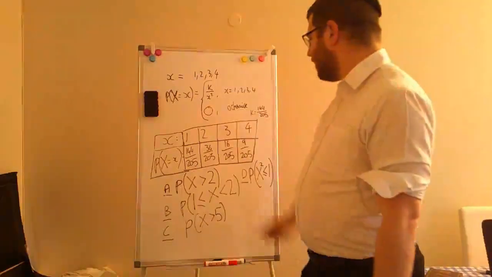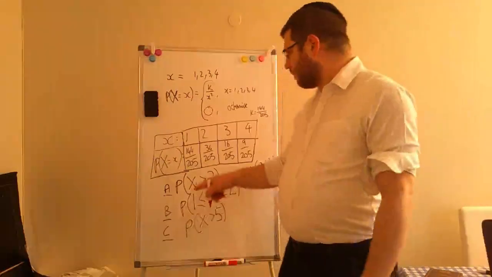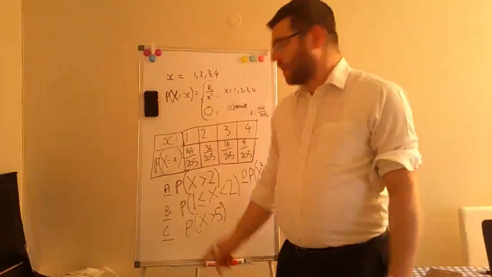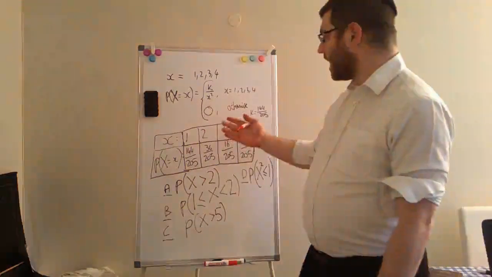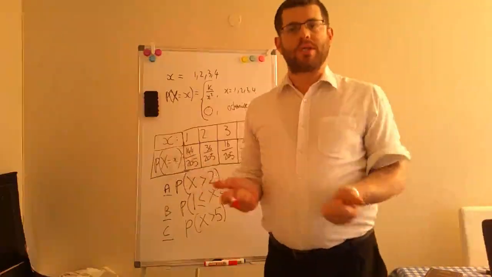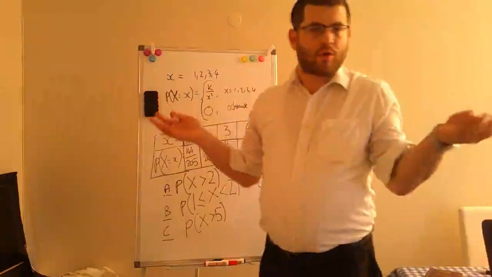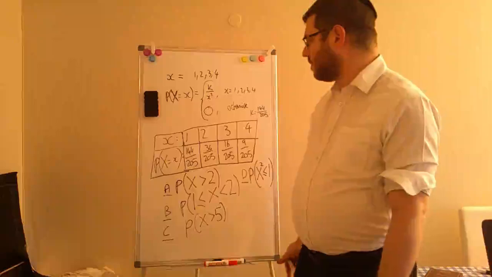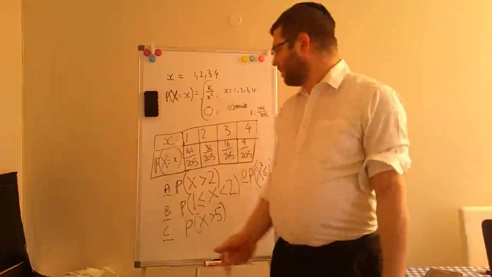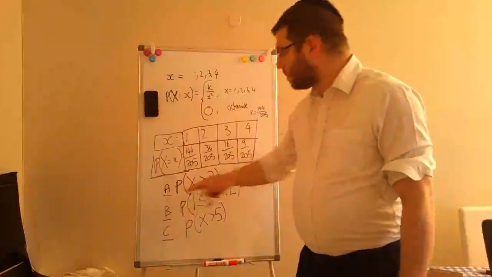Okay, so part A, probability that the random variable x takes a value larger than 2. So let's look at the table. This is why I said you need the probability distribution to answer whatever they want to ask you. So what's the probability that the variable takes a value bigger than 2? Well, what values are bigger than 2? 3 and 4. But what are the probabilities of those?